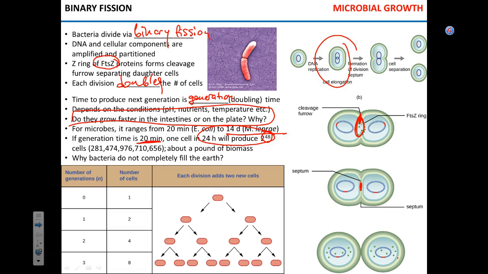If that would go on and on and on, as we just predicted, the microbes would completely take over the Earth. Why doesn't it happen? Why don't microbes take over the Earth? But they generate really pretty fast.